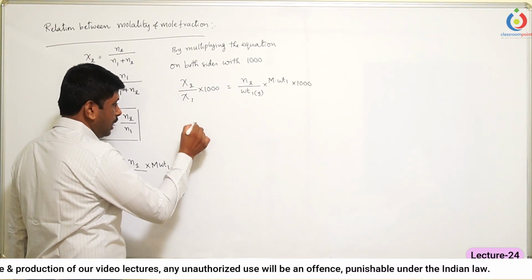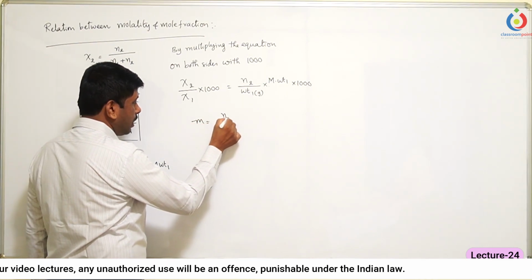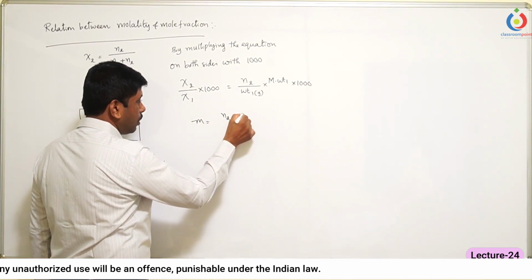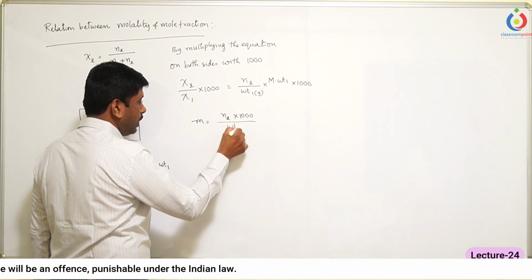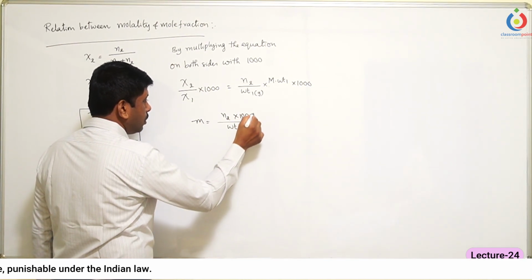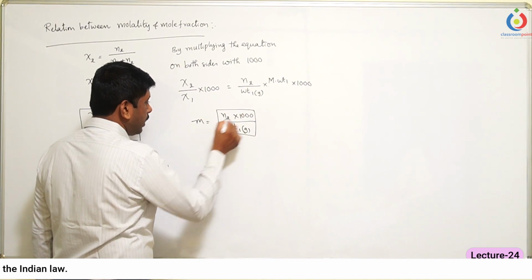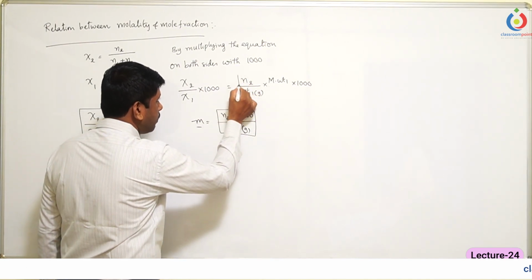We know that molality equals the number of moles of solute into 1000 by the weight of the solvent in grams. So in this place we can use the molality, since that term is present here.